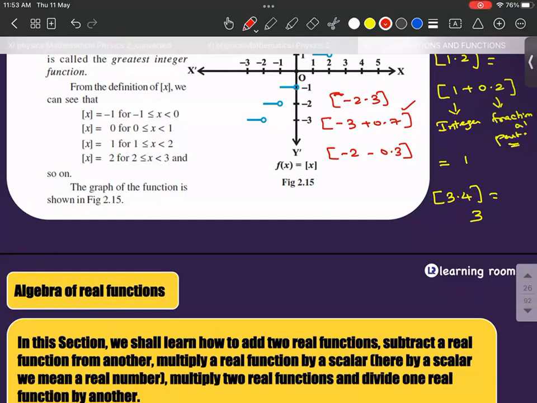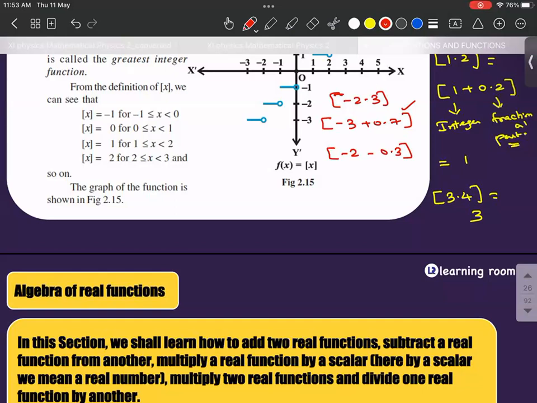So how can the same value come out with two answers? Because according to function, the same input cannot have two different outputs. It will become a relation. But the name itself is suggesting it should be a greatest integer function. Then how do I avoid this confusion? Oh, minus 2 is greater. You don't take it like that.